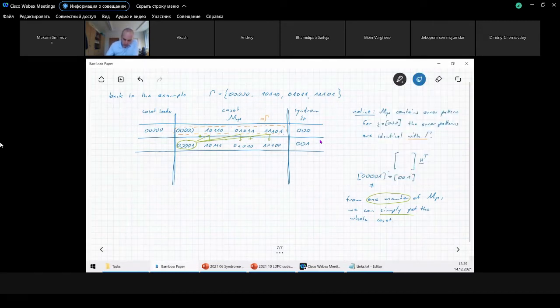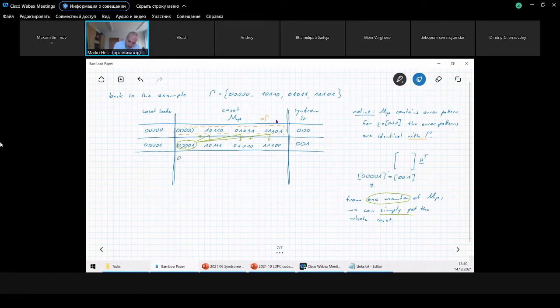And then again, selecting the coset leader, so the most likely error pattern, meaning the error pattern with the lowest number of ones, which will be here the first one. And this way we could complete the table.